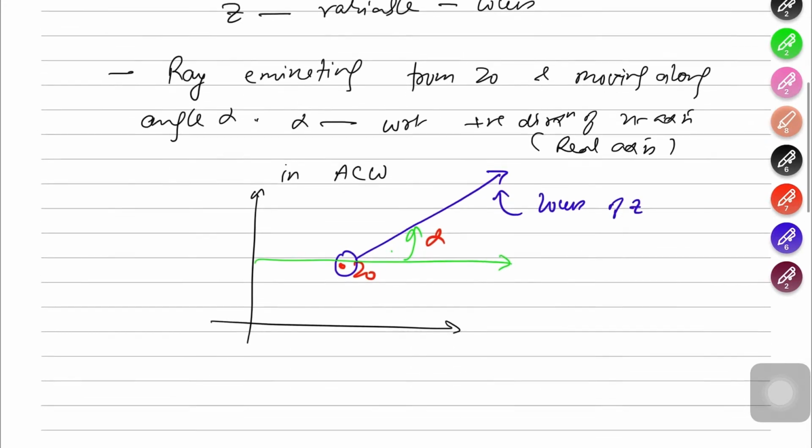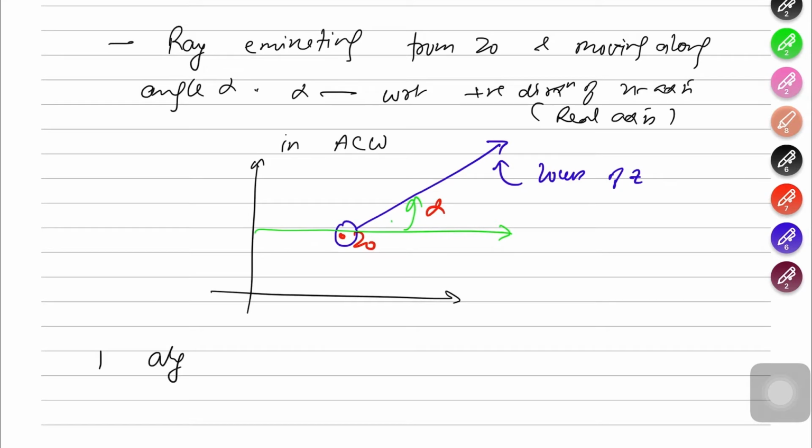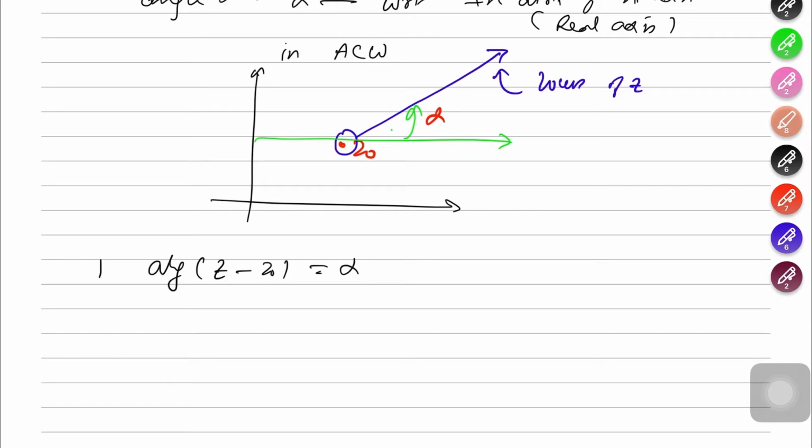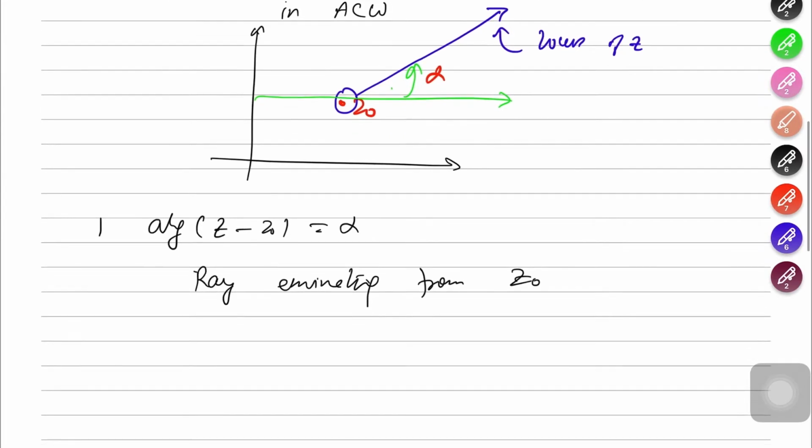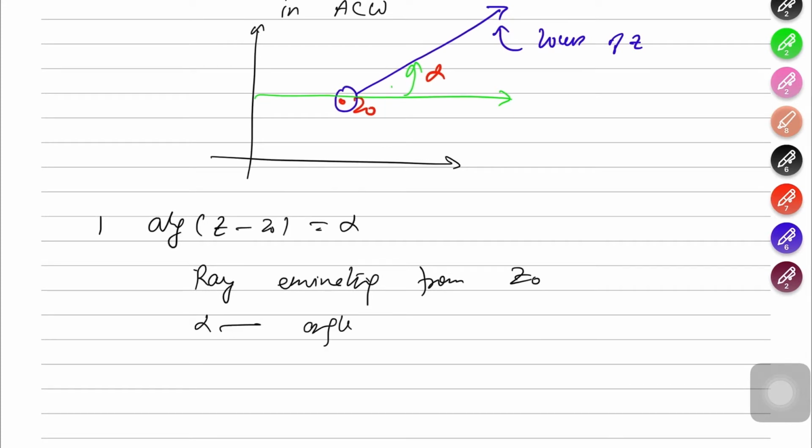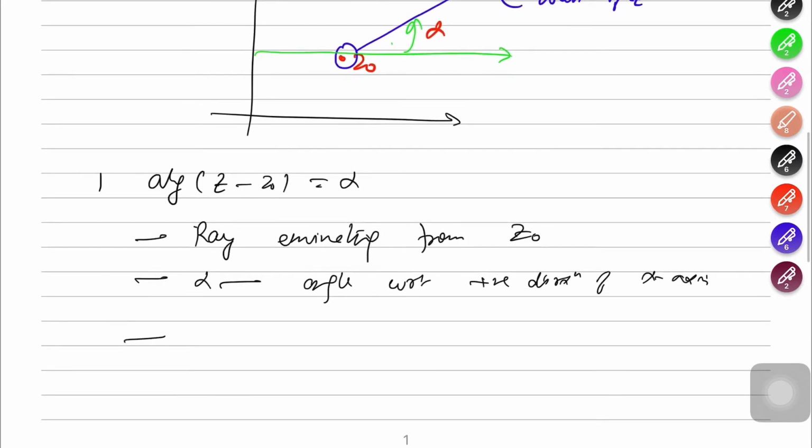So one more important thing. If we have argument of z minus z naught equal to alpha, there are important points. First, the ray emanates from z naught; second, alpha is the angle with respect to the positive direction of the x-axis; and a third important point is that the ray should not include z naught.